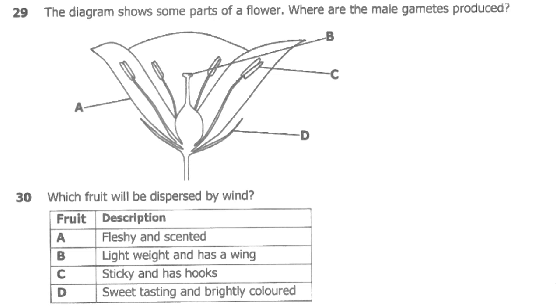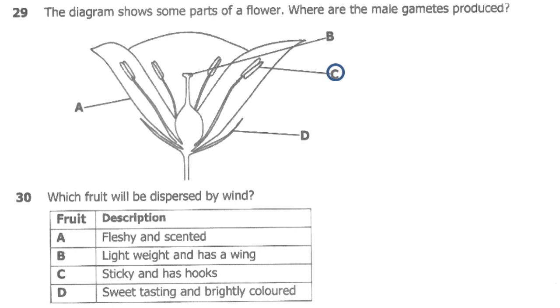30. Which fruit will be dispersed by wind? A. Fleshy and scented, B. lightweight and has wings, C. sticky and has hooks, D. sweet tasting and brightly colored. Which fruit will be dispersed by wind among these?